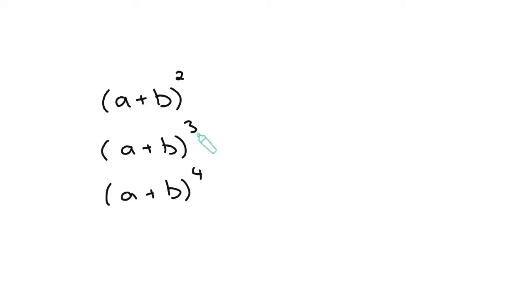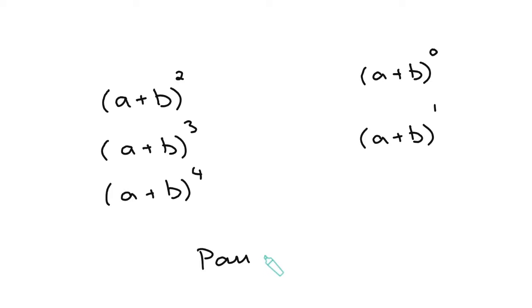Take your time to work out those expansions and have them written down, and I also want you to state what (a+b) to the power of 1 is and what (a+b) to the power 0 is. Just pause this now and write those answers down for me.